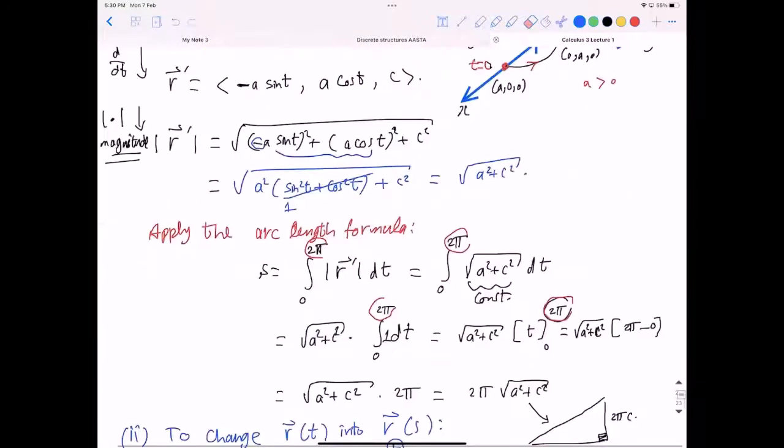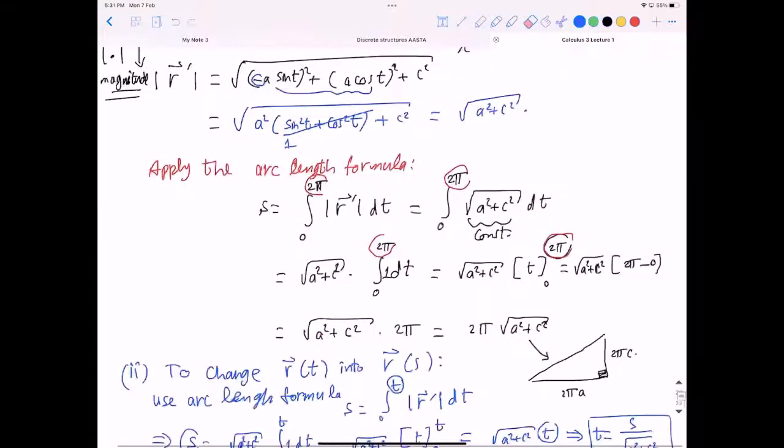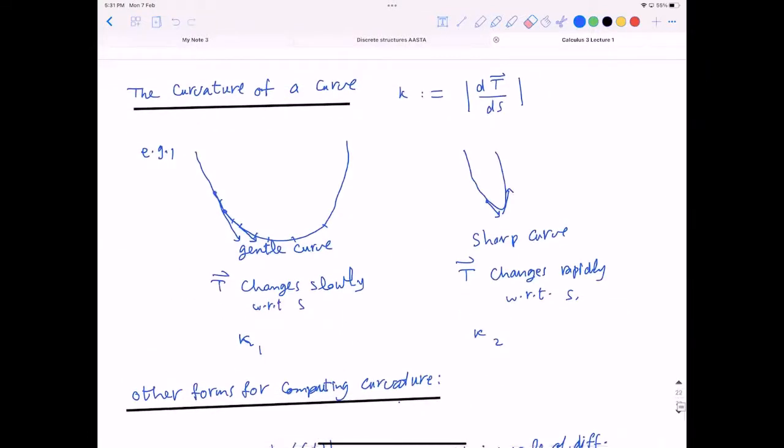Okay. So what is kappa? Kappa is a measure of the curvature of the curve. What is the curvature of the curve? For example, if you have a straight line L, you have no curvature. If you are driving along a straight line, you feel no curving at all.